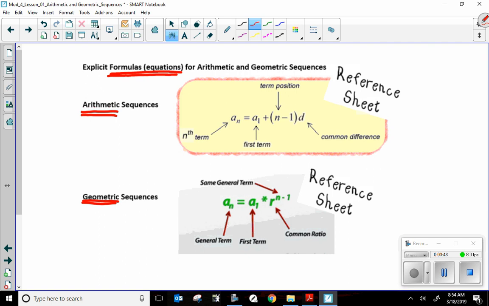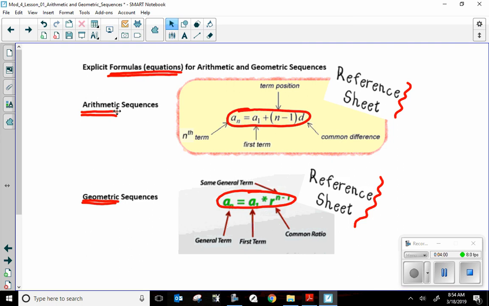This is what I would use for arithmetic, and this is what I would use for geometric. Now, don't freak out. They're both on the reference sheet for the final, okay? You might see one question about creating a formula or two on the multiple choice. And if it's short answer and they ask you to come up with an equation, well, they're both in the reference sheet.